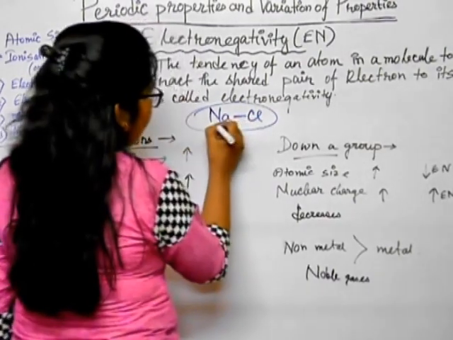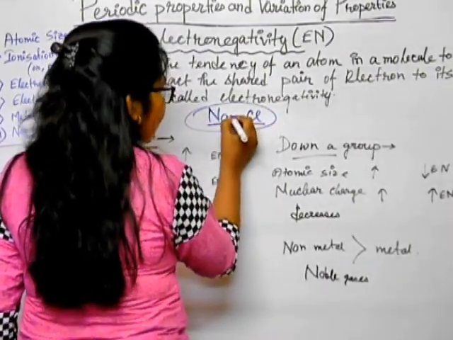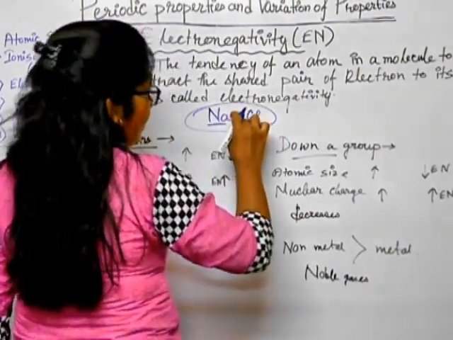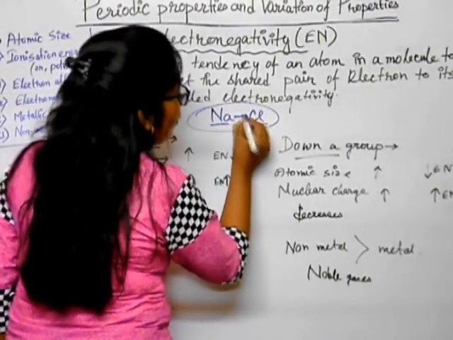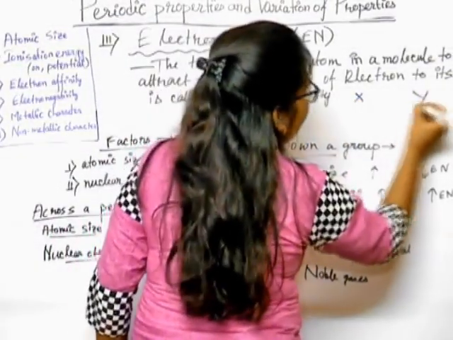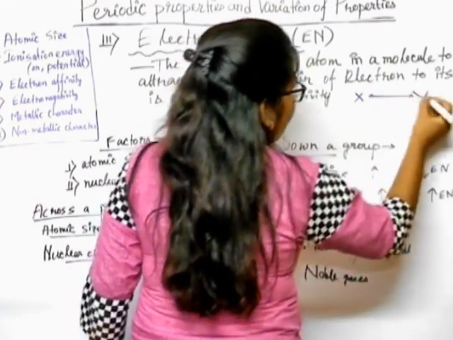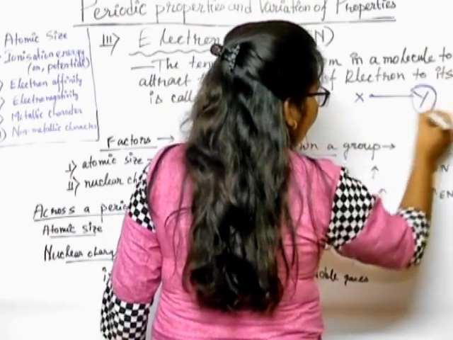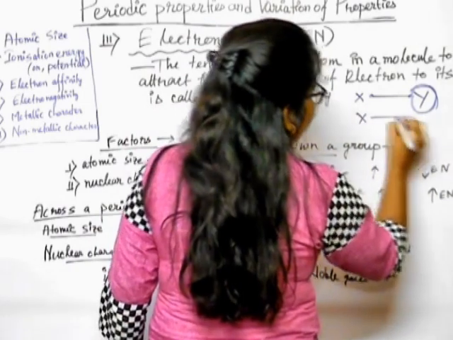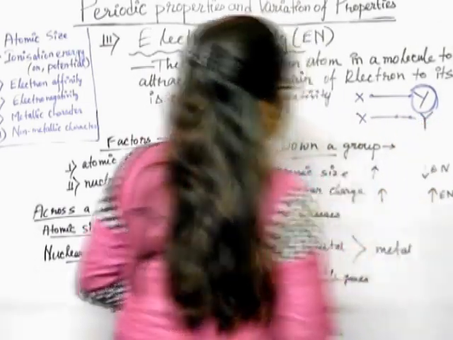Here between sodium and chlorine, they are sharing their electrons, and chlorine is attracting the paired electron to itself. Like if X and Y are sharing their electrons, if Y is attracting the paired electrons to itself, then the electrons will be towards Y.